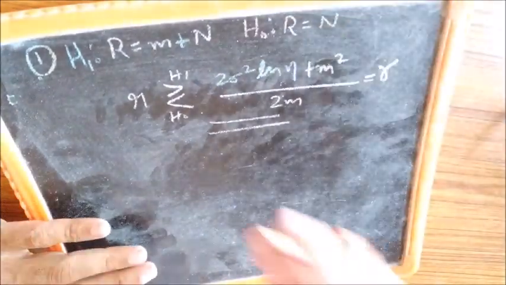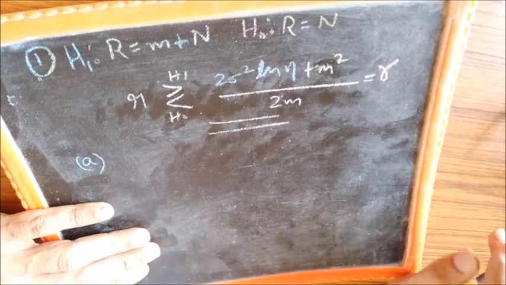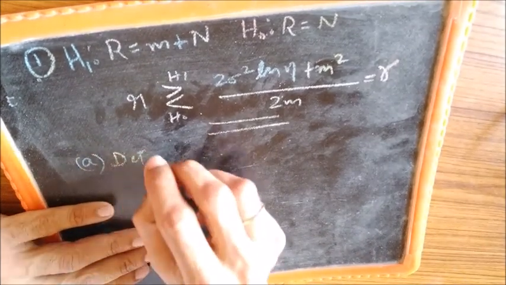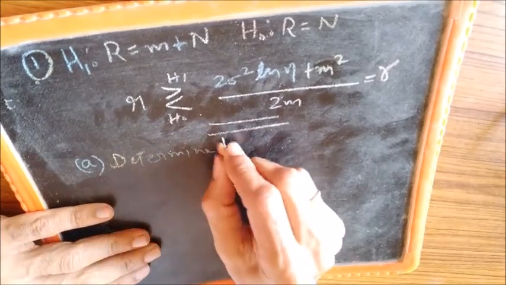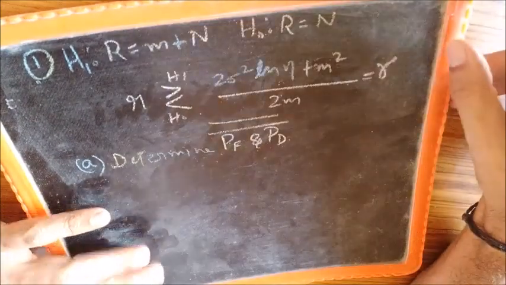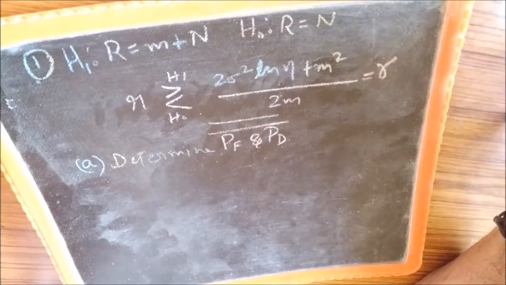Now the problem that we have to solve is: A, we have to determine PF and PD, that is the probability of false alarm and the probability of detection.